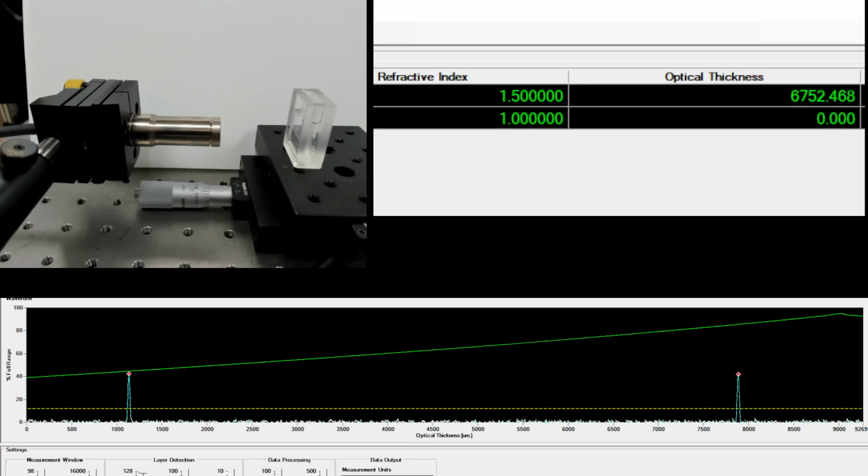The top number, 6,752 microns of optical thickness, is the physical thickness multiplied by the index of refraction of the material in that gap. Water's index of refraction is about 1.34. Group refractive index at 1310 nanometers. 1310 nanometers is the measurement wavelength of the OptiGauge.